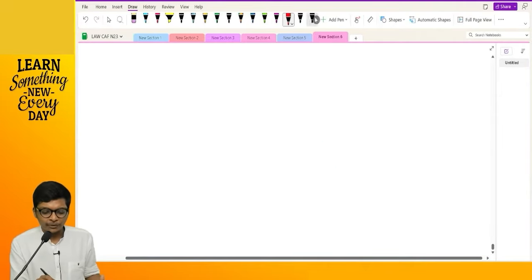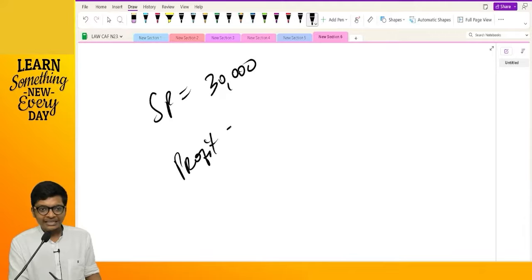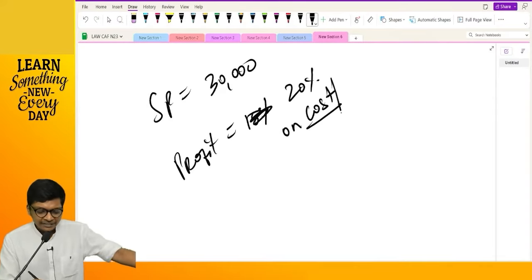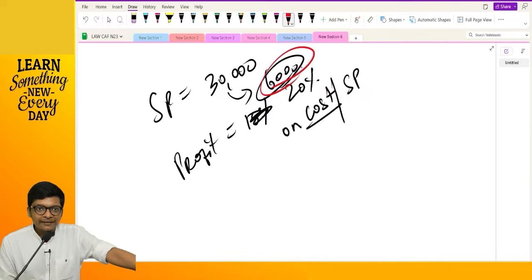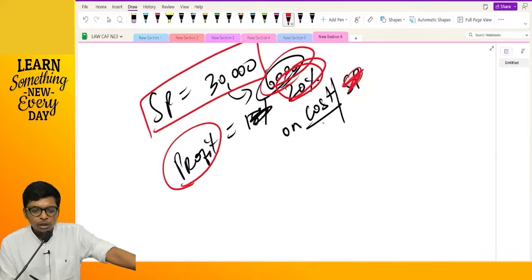So in our exam, in the inventory chapter and consignment chapter, he will say selling price is 30,000, profit is 20% on cost. See, if he says profit is 20% on selling price, my profit will be 6,000, correct? They won't give it that way. Selling price is 30,000, profit is 20% on cost.